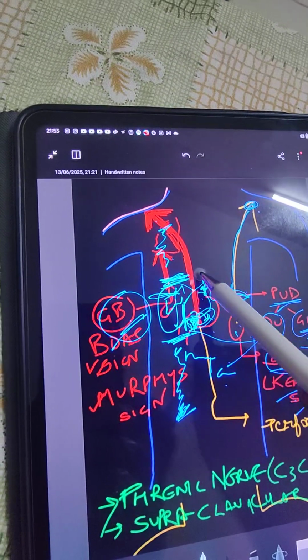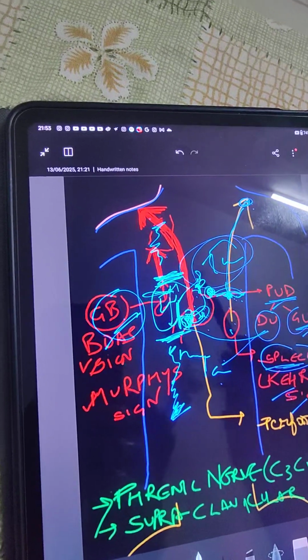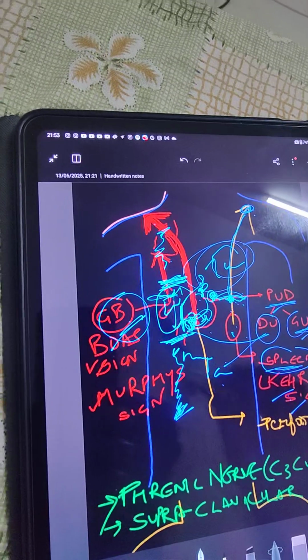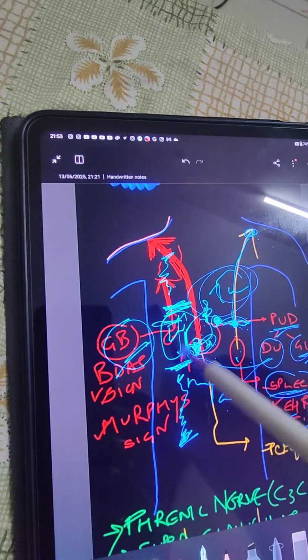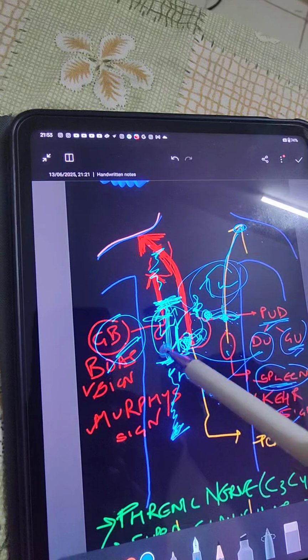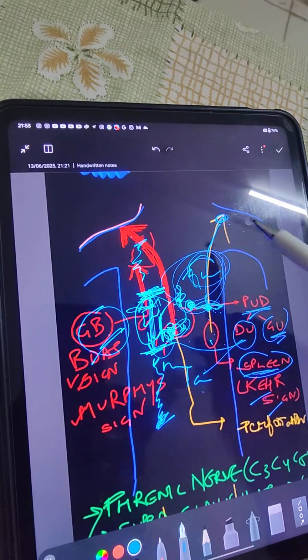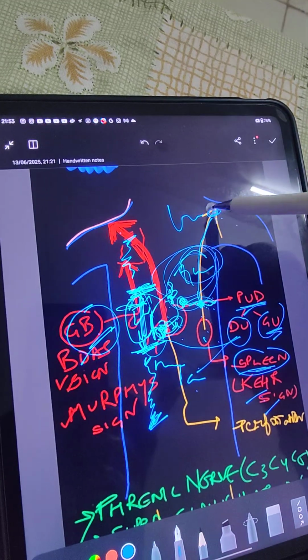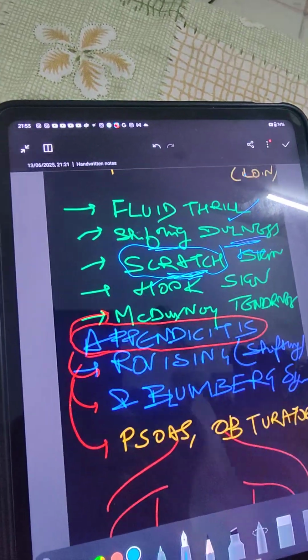This size should be 7 cm. Then it is normal. If this distance is more than 7 to 7.5 cm, then hepatomegaly may be present. This is the scratch test.